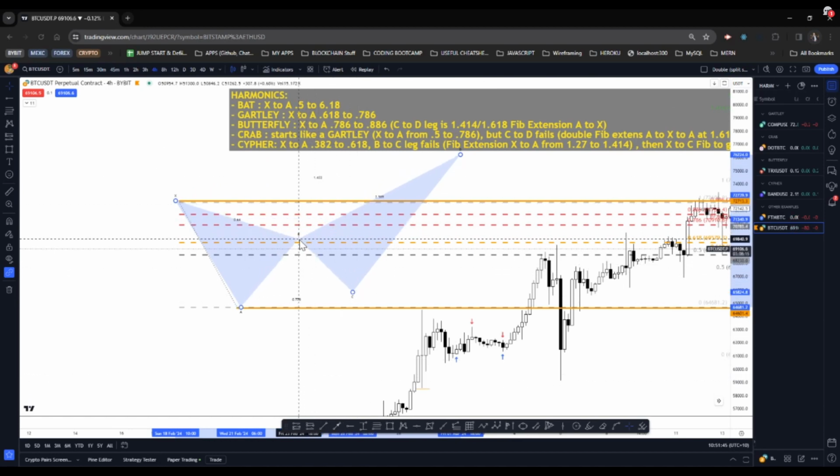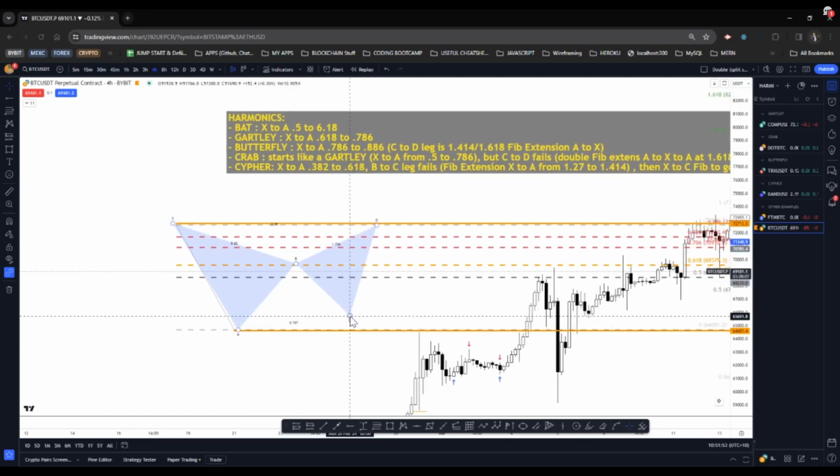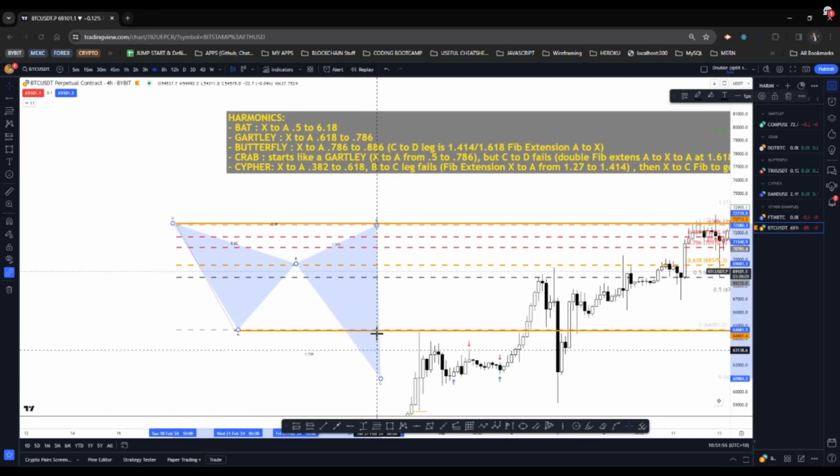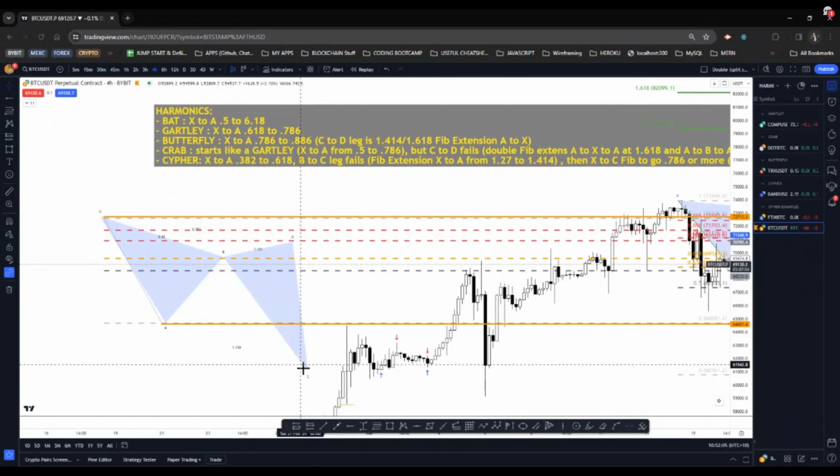You can also do the same principle and work your way around when you start to fail. So if you've got this and this and this, and then C fails, then you know you've got a cipher. With a cipher, you only need to go above the new range of liquidity, so it could be a very small cipher. And mind you, harmonics don't need to look pretty all the time.